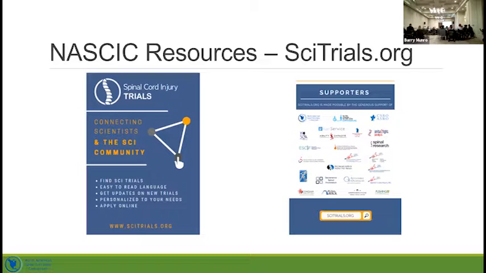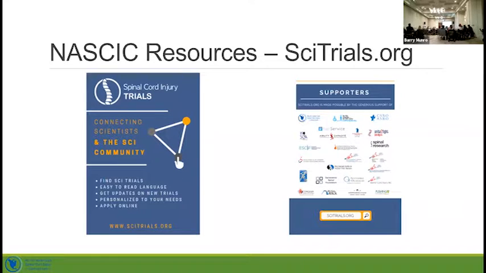And the point is to connect the two communities, connect scientists doing human research and the community living with spinal cord injury. And one, we want to make it so that people with spinal cord injuries can find the spinal cord injury trials faster and easier.